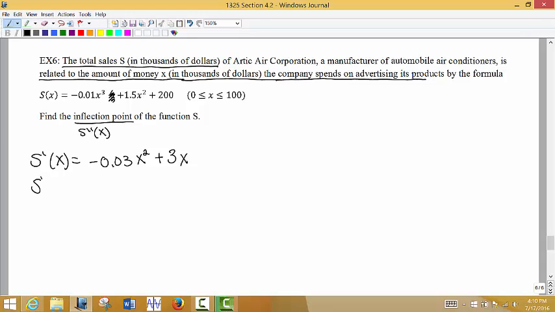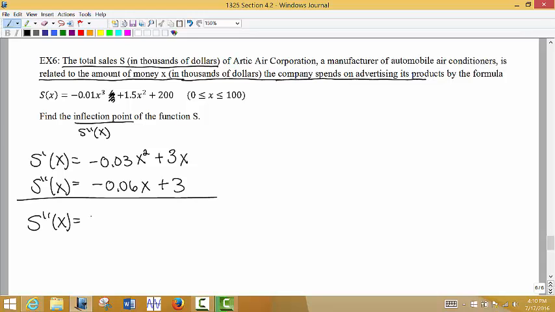All right, so this makes finding our second derivative also pretty easy. 2 times negative 0.03, I get negative 0.06. Reduce our exponent by 1, and of course this one's just 3. So we want to determine where the inflection point is. We're going to set our second derivative equal to 0, or look for where the second derivative of the function comes back undefined.